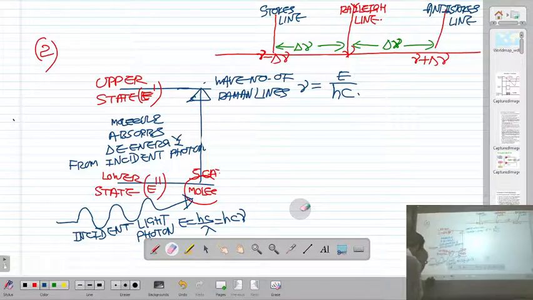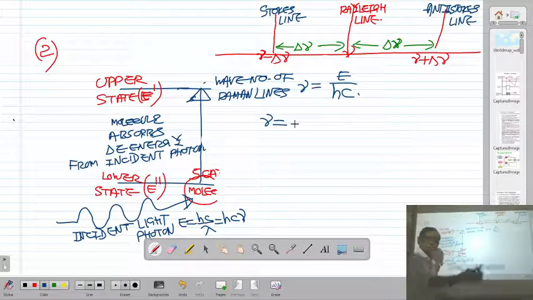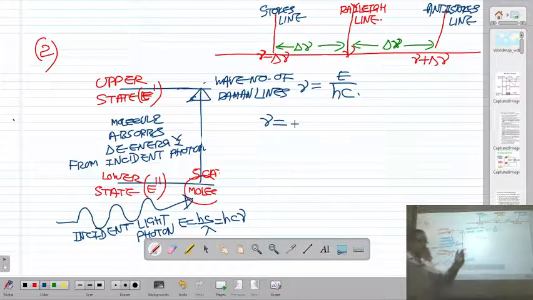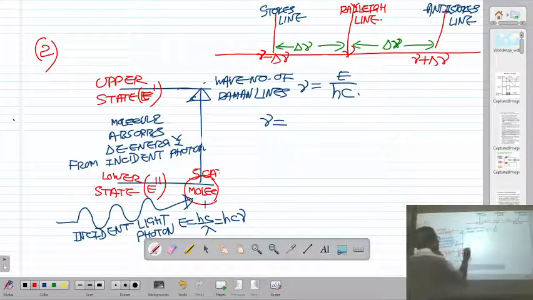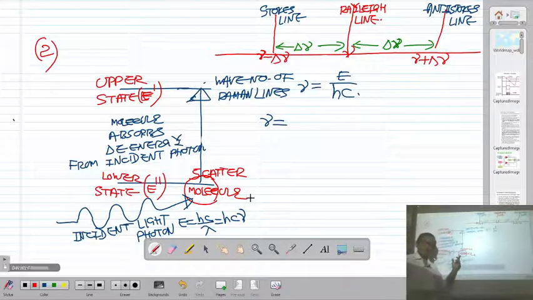Now you know the energy of the scattered photon. What was the energy of the scattered photon? Before the collision, the energy of the incident light photon was hν.